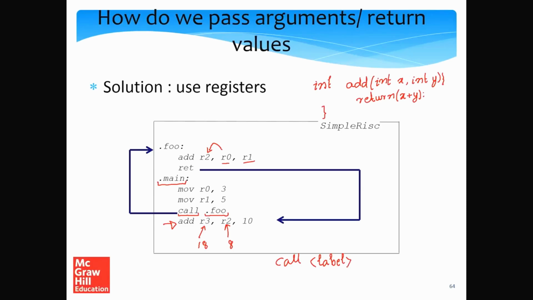In this case, we actually jump to the first address of the first instruction in the function. We execute the function and execute the ret instruction, which again brings us back to one instruction after the calling instruction.